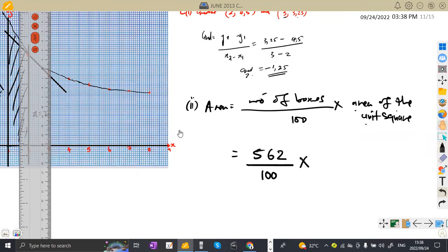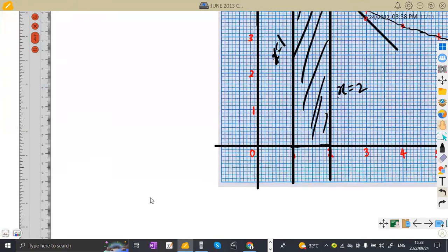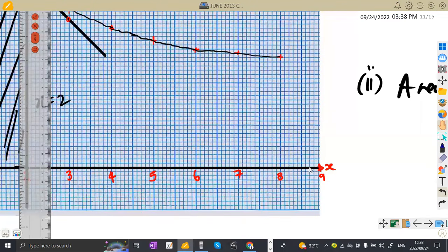square. Remember, guys, I told you that the unit square is the first box that you have on your graph here. This box that you're having here, we are given on this side, our y is 1, our x is 1. This is the box that we are referring to as the unit square, the first box, this one. So x is 1 here, y is 1. So 1 times 1, that is 1. That is the area of the box. You multiply those units.